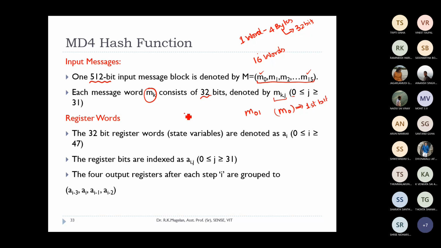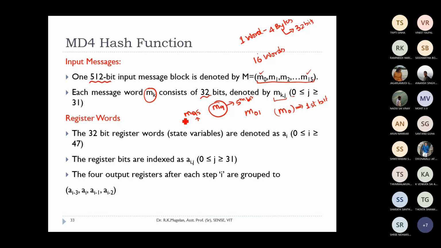If I say M9,5, it means I'm choosing the word M9, and in that I'm taking the fifth bit.